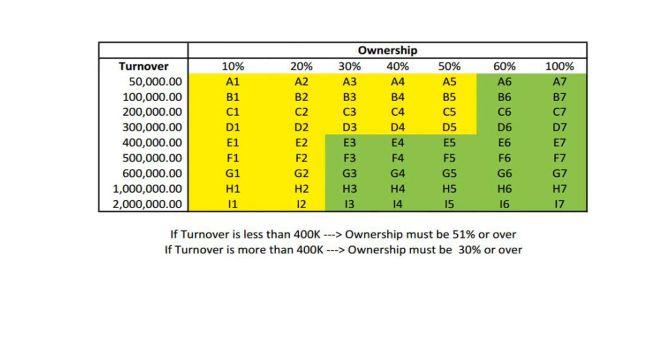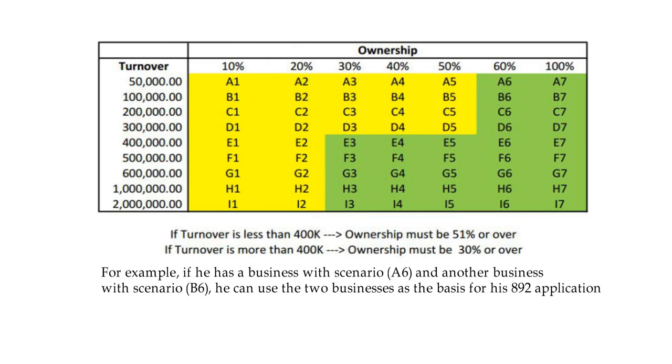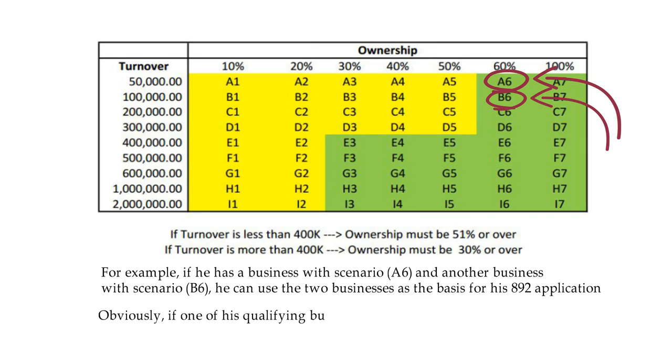For example, if he has a business with scenario A6 and another business with scenario B6, he can use the 2 businesses as the basis for his 892 application. Obviously, if one of his qualifying businesses has a turnover of over Australian dollars 200,000, it is also okay.